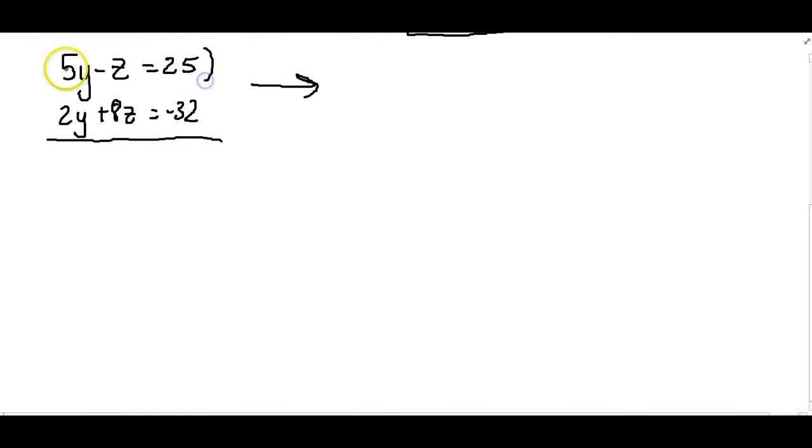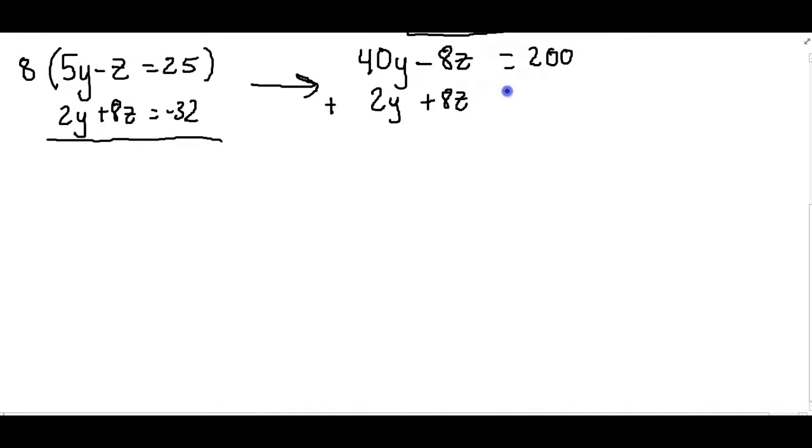We multiply our first equation by 8. We get 40y minus 8z equals 200. Then we need to add our second equation, which we can keep as 2y plus 8z equals negative 32.